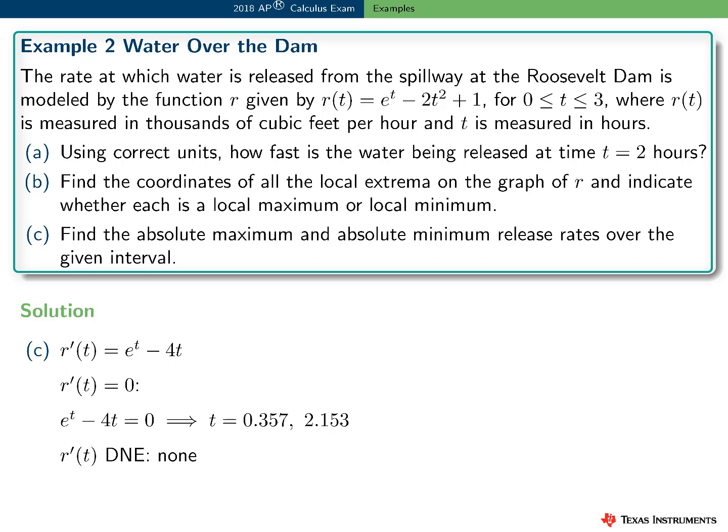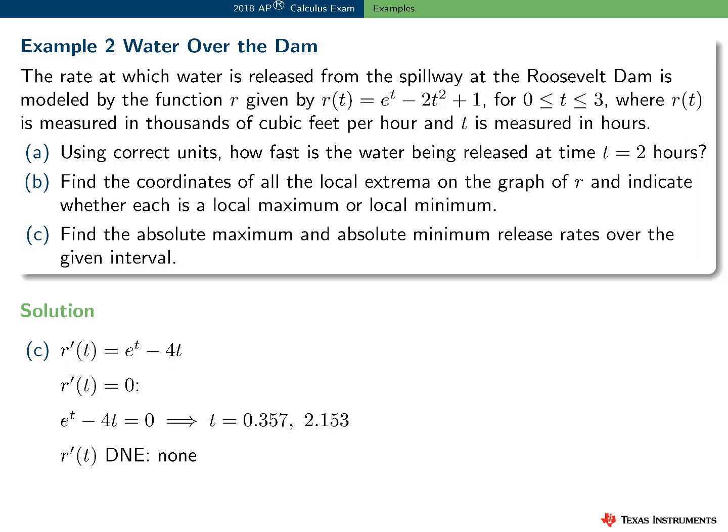And in B, find the coordinates of all the local extrema on the graph of r and indicate whether they are local maximum or local minimum. And in C, find the absolute maximum and the absolute minimum release rates over the given interval. Now I think this is a pretty good AP Calculus type question, and I'm going to leave parts A and B to you. So let's consider part C.